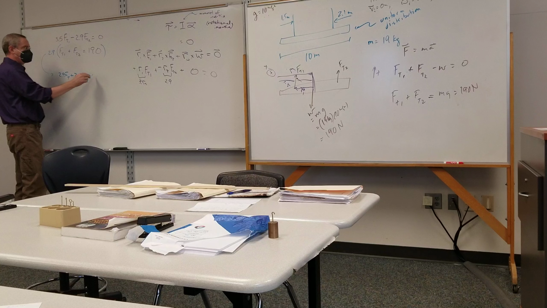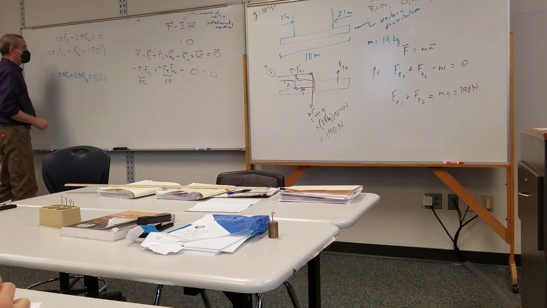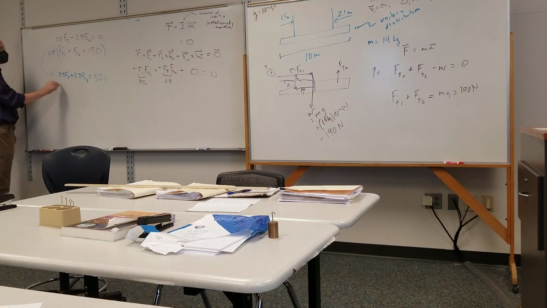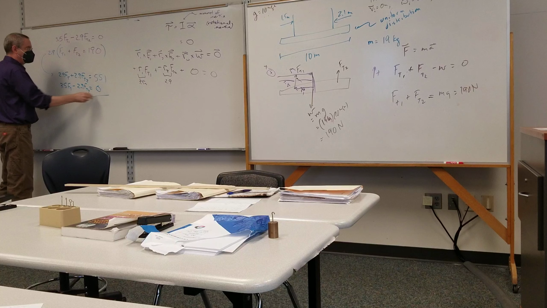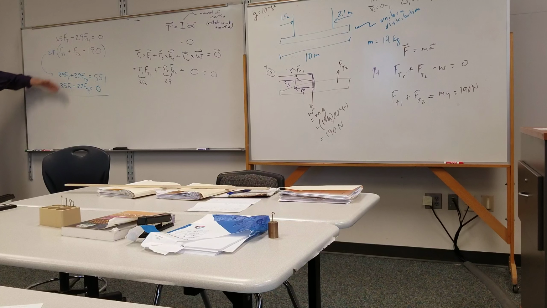551. Now I bring in the first equation, I just write right next to it, 3.5 FT1 minus 2.9 FT2 is equal to 0. I add the two equations together.